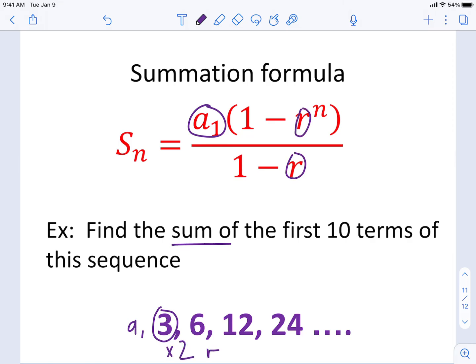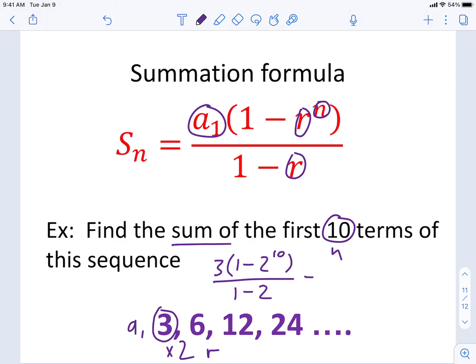That is going to be 2 because this is a times 2 pattern. And then I need to know n, which is 10. All right, so let's plug all that in. a1 was 3. 1 minus 2 to the 10th over 1 minus 2.